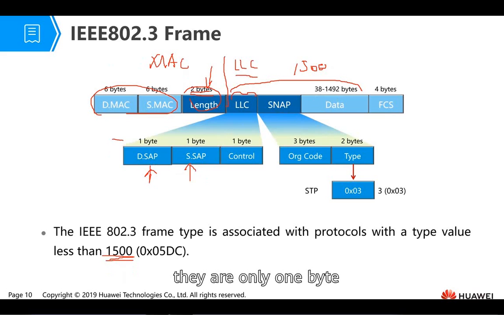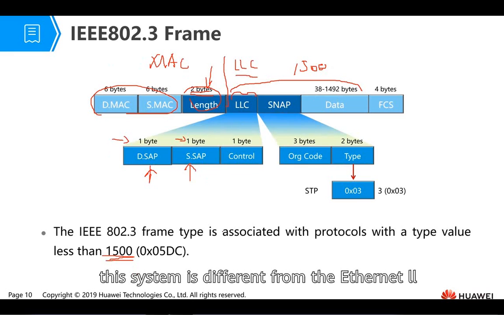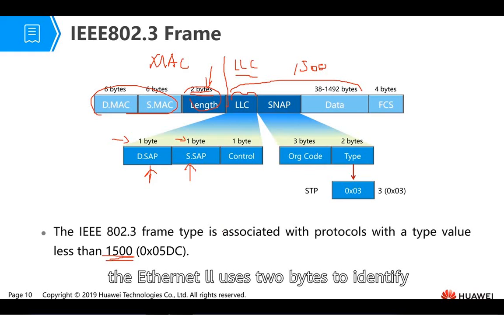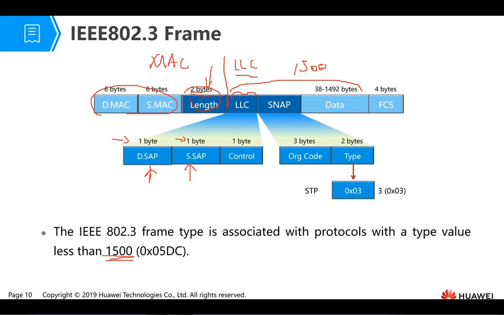They are only one byte. But as we know, this system is different from Ether2. Ether2 uses 2 bytes to identify what protocol is carried. So nowadays in real networks, the LLC layer is not widely used.